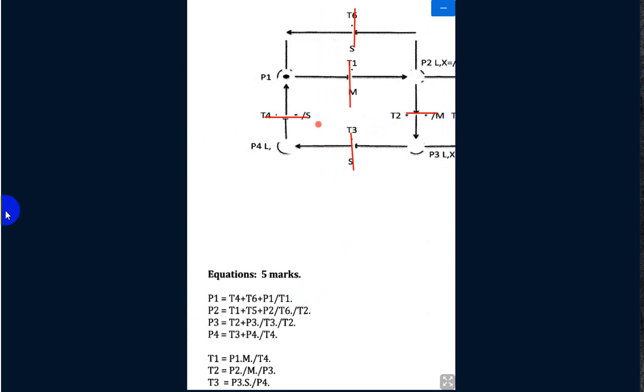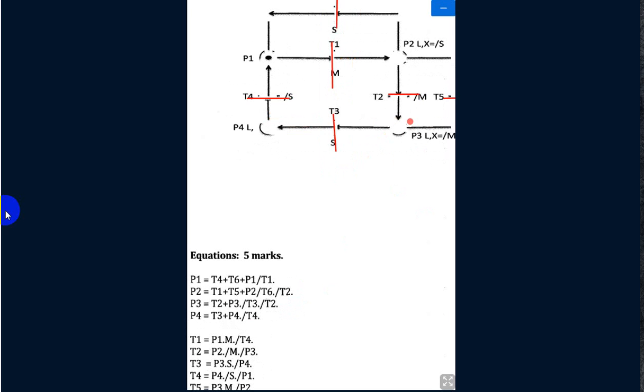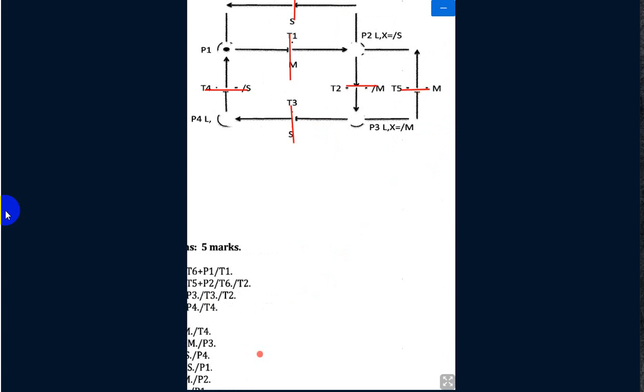Then you can look at T3. For P3, you can see it's coming in from T2, so it's T2 or with P3, and then going out is T3 bar. And also this one here, I don't think it's T2 bar, it's T5 bar.